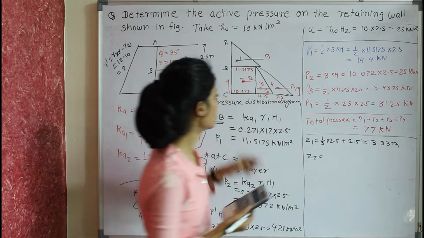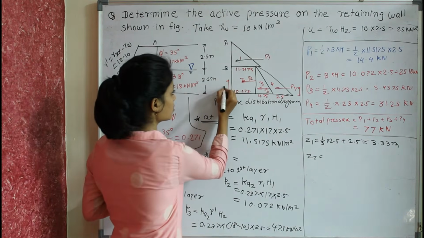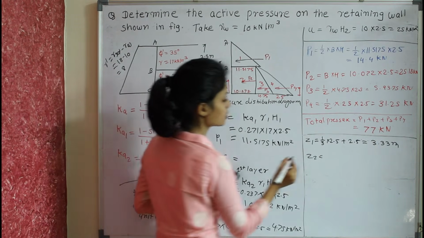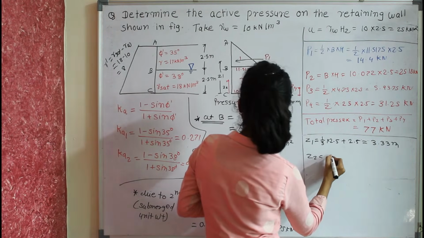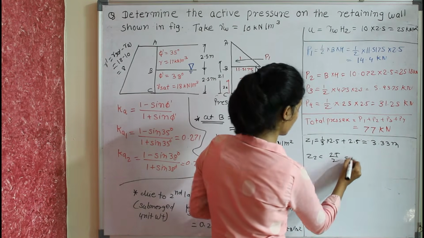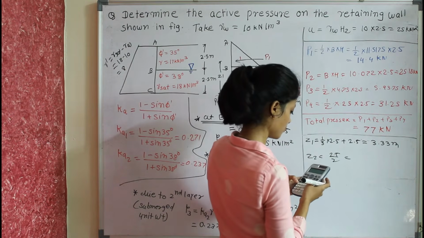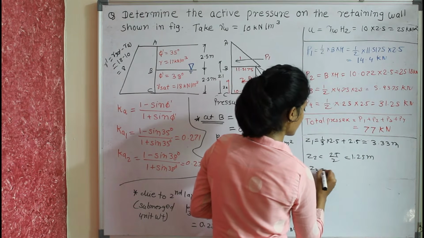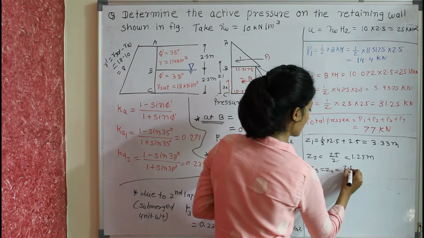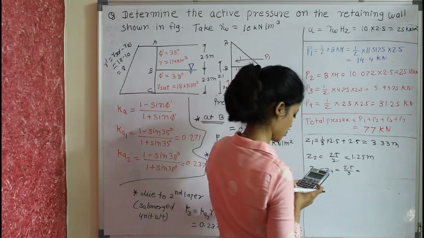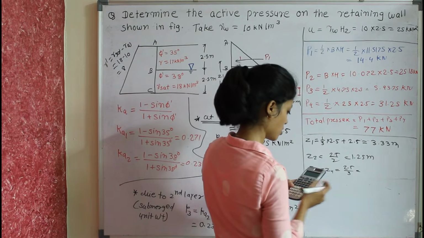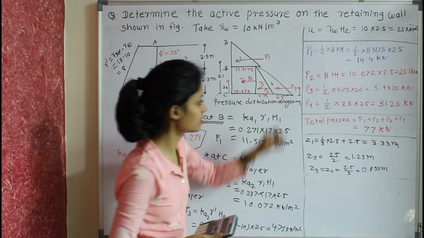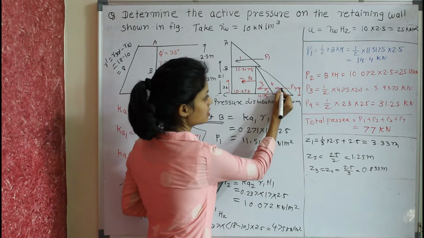Z2 equals 2.5 upon 2, that is 1.25 meter, and Z3, Z4 equal 2.5 upon 3, 0.833 meter from base, this vertical distance.